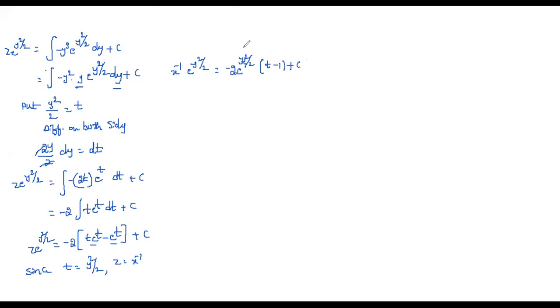Of course t is y square by 2. Now you can simplify this. So 1 by x e power y square by 2 is equal to, taking e power y square by 2 as common, minus 2 into y square by 2 minus 1, plus c into e power minus y square by 2.